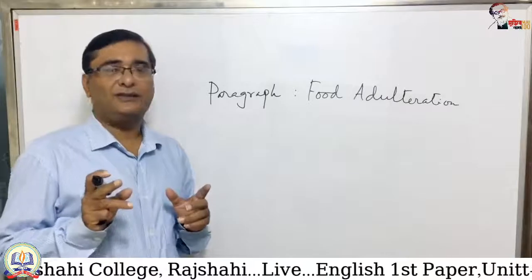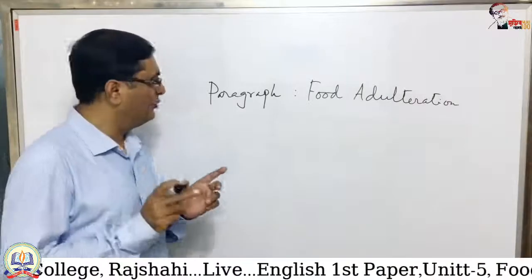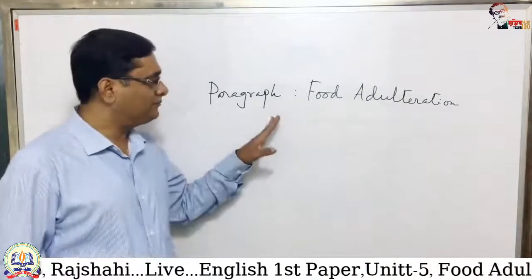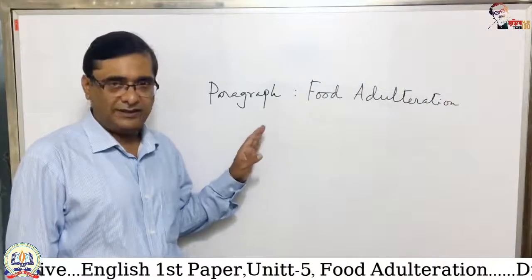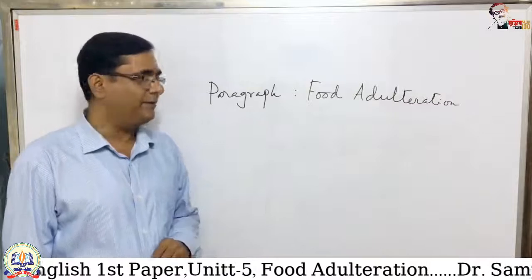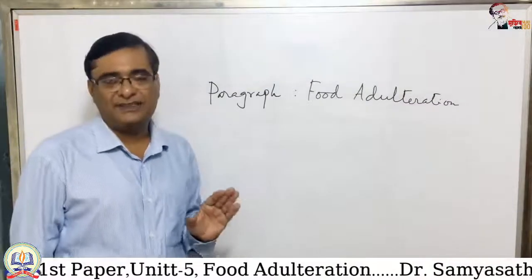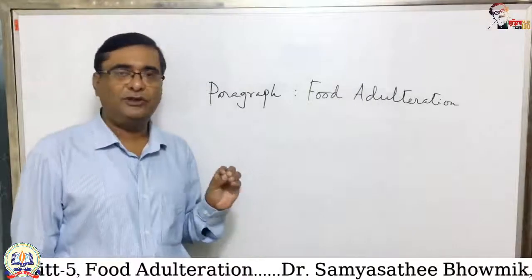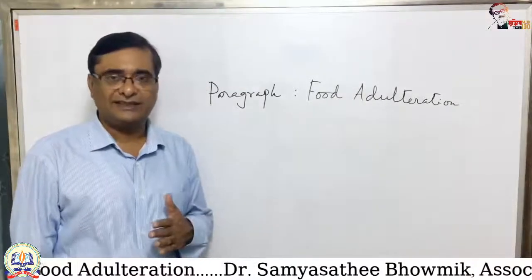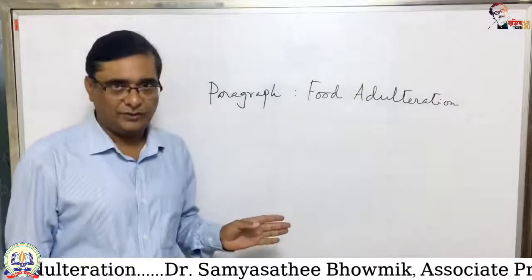But at first, I want to make one thing sure to you: in paragraph writing in HSC English first paper, the word limit is basically 200. You have to complete your paragraph within 200 words, and obviously in a single para. There is no question about that.